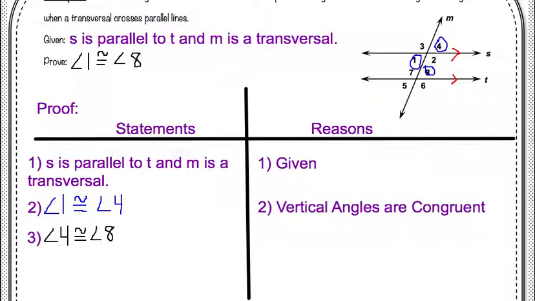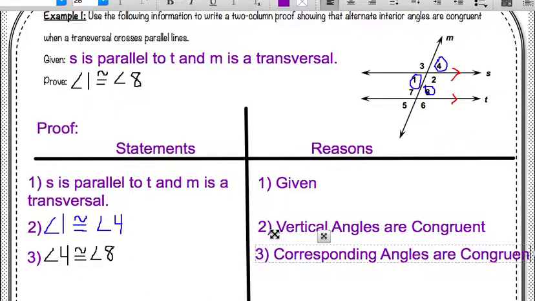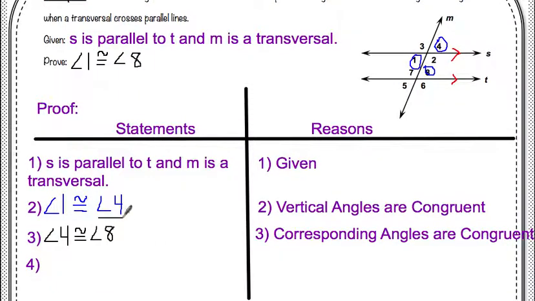And the reason for this is corresponding angles are congruent. And then there's only one more step after this. There's a reason why I listed 1 and then 4, 4 and then 8, because that is the transitive property. 1 is congruent to 4. I stopped at 4 and I started up at 4 again. 4 is congruent to 8.